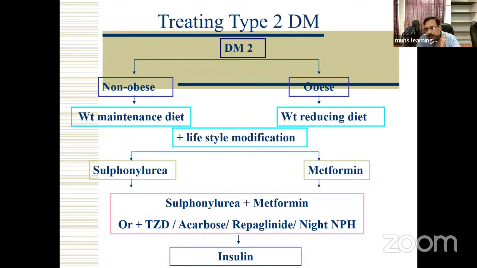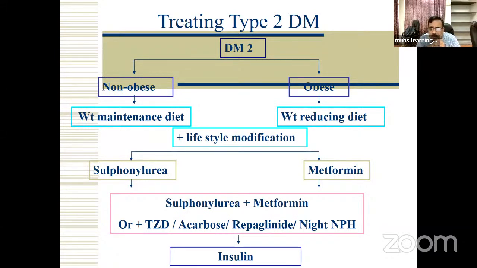So what you note here: treating type 2 diabetes, non-obese, weight maintenance diet; obese, weight reducing diet; then lifestyle modification, alcohol cessation, smoking cessation, medical nutrition therapy. These all have to be ensured.